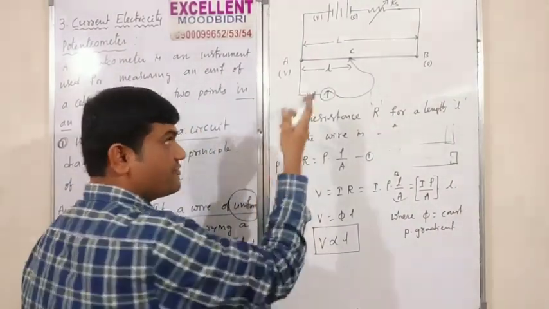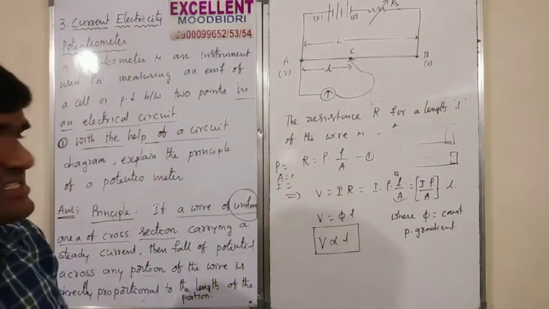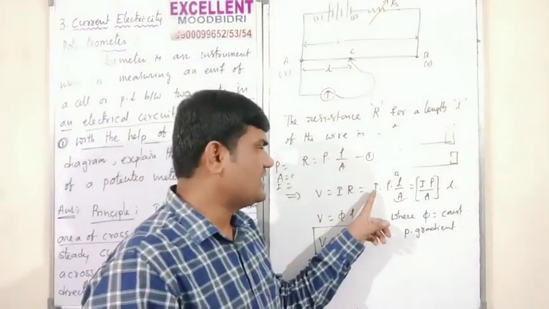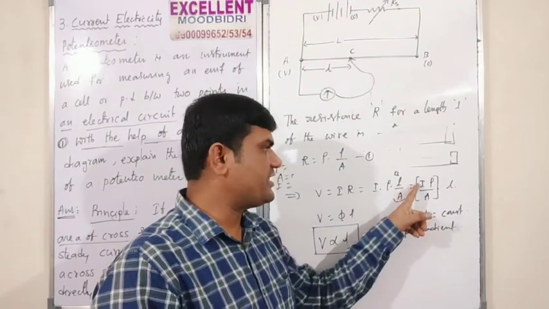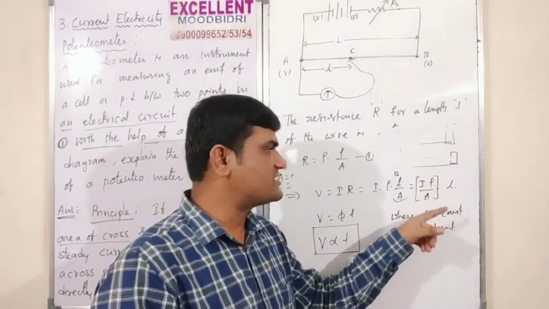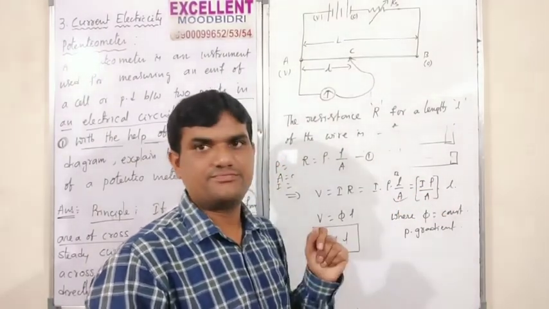The wire has the same resistivity. Therefore I rho A is a constant, into L.